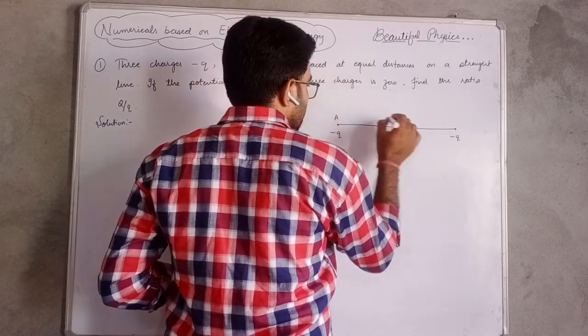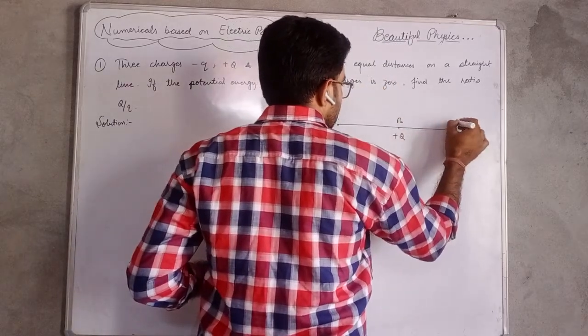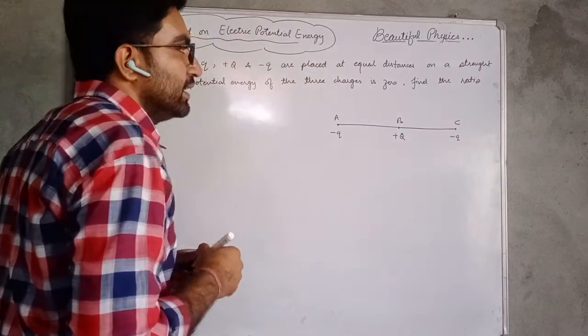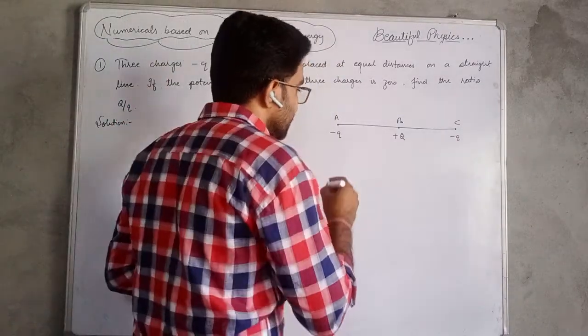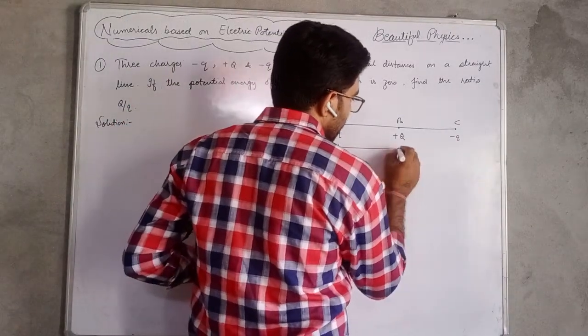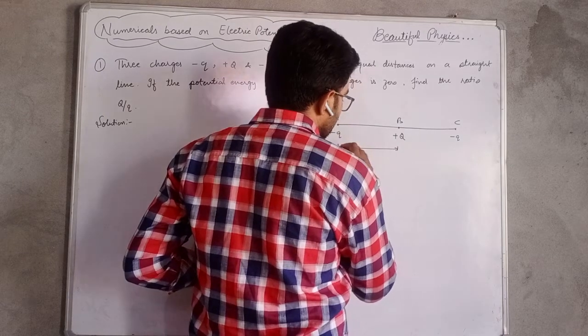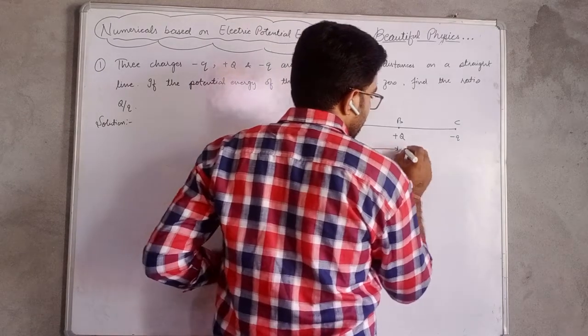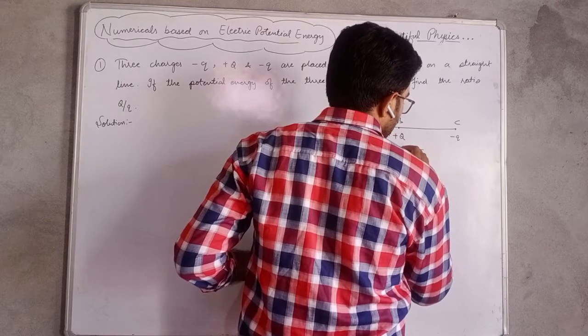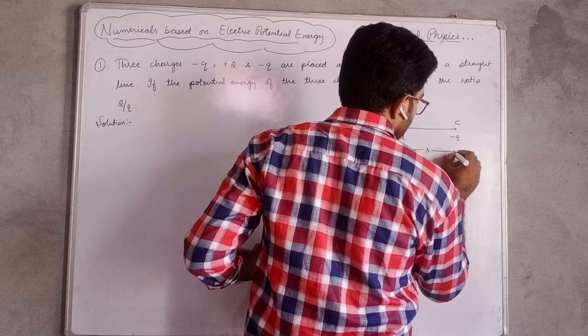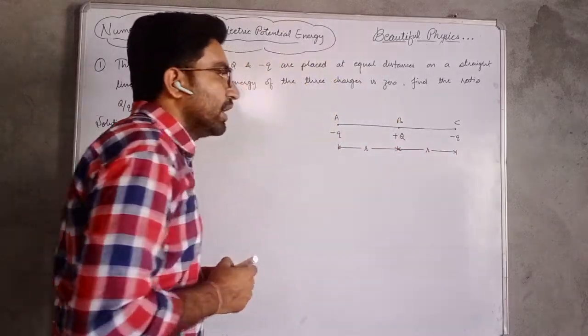Suppose these charges are placed at points A, B, C, which are equispaced, meaning the distance between A and B, let us consider it is r, and similarly the distance between B and C is also r.